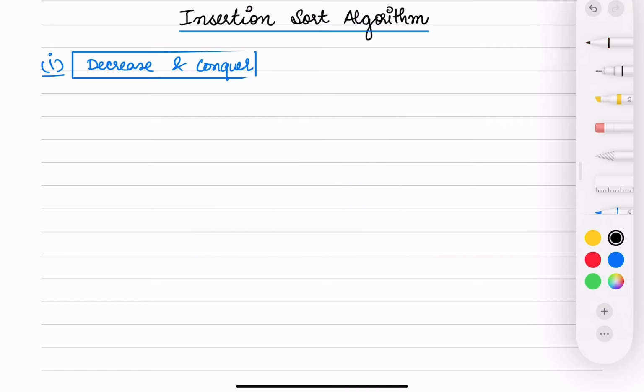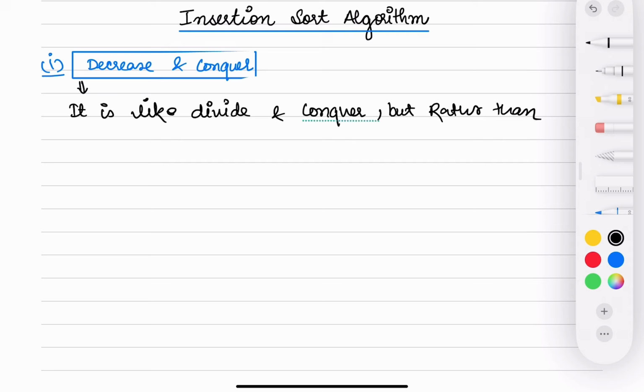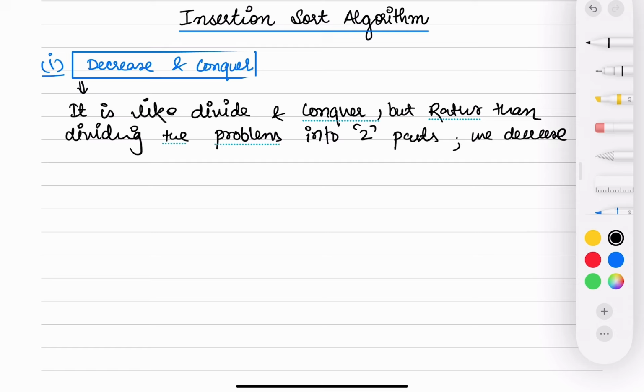So here you can write: it is like divide and conquer, but rather than dividing the problem into two parts or halves, we decrease the size of the problem instance.